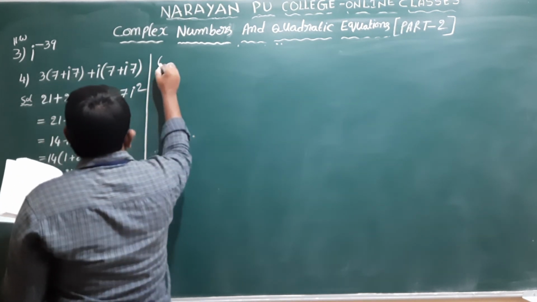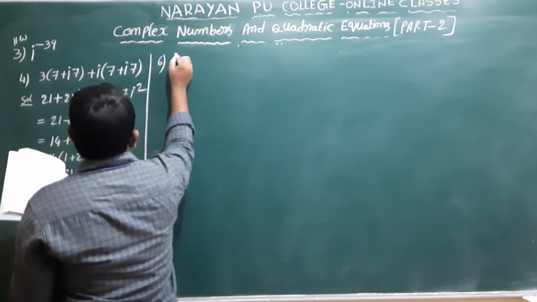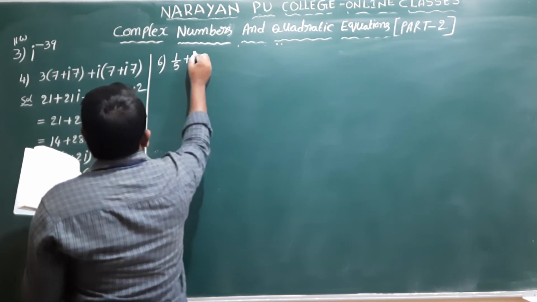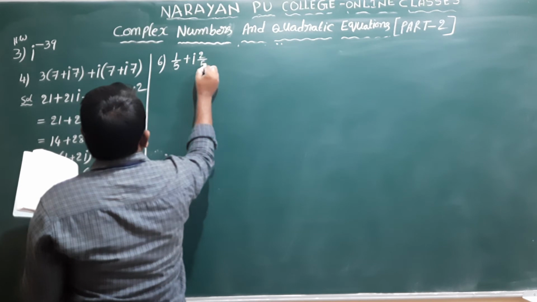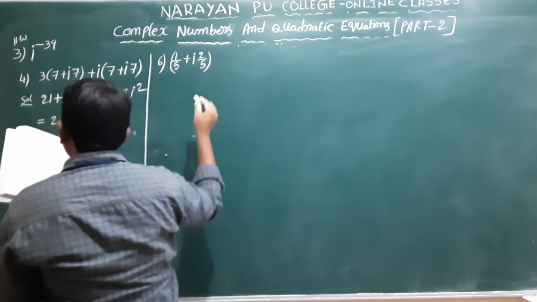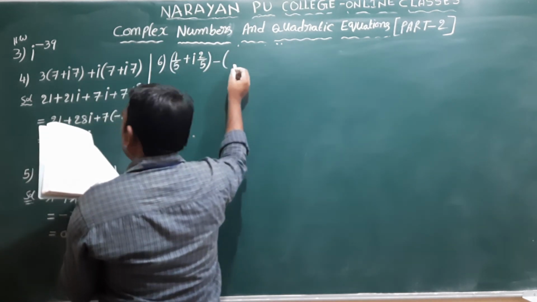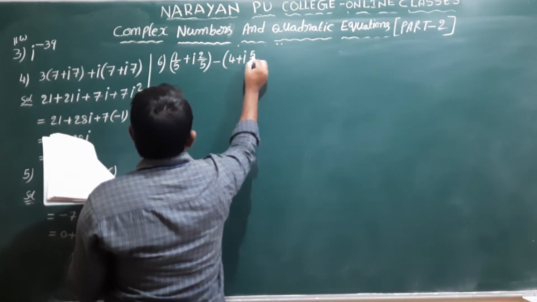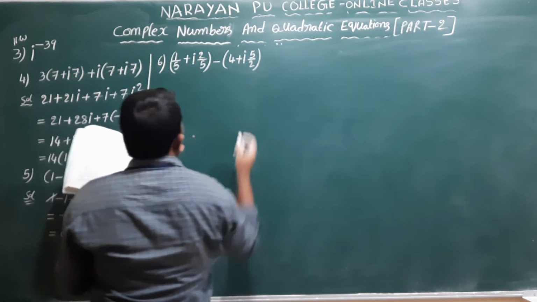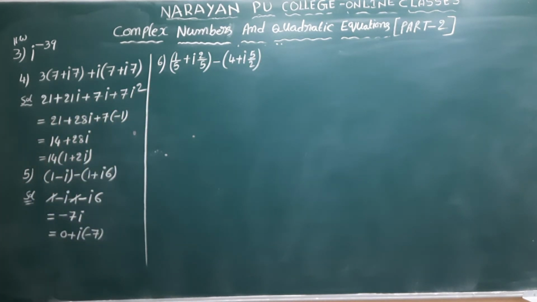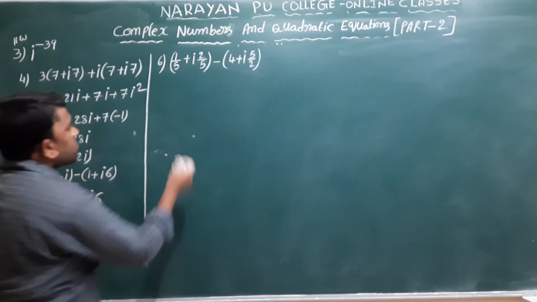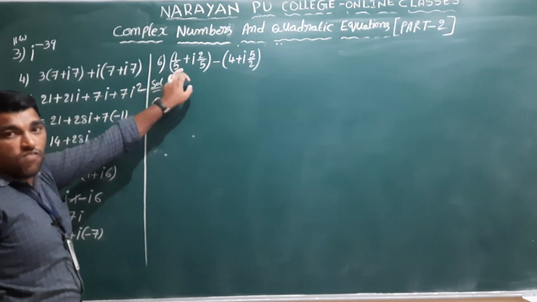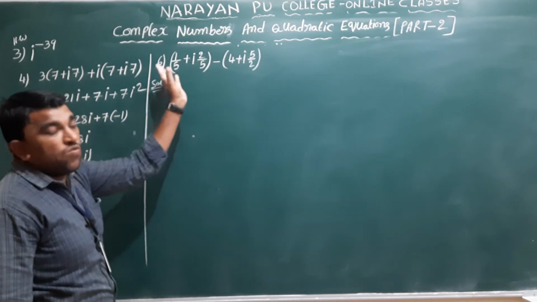Next, question number 6: 1 by 5 plus i into 2 by 5, minus 4 plus i into 5 by 2. Difference of two complex numbers. Solution: here first write the real parts on one side.